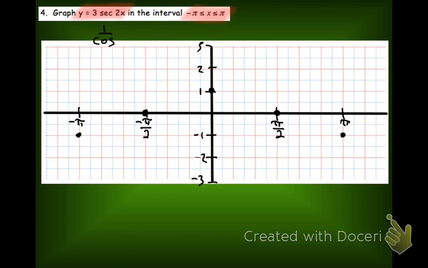Well, this is now saying that we want secant of 2x, which means that that's our frequency, so it's going to be happening twice as fast. So if we were doing a cosine graph going twice as fast, it would start at 1, go to 0, negative 1, 0, and 1. So it's going twice as quickly through this.